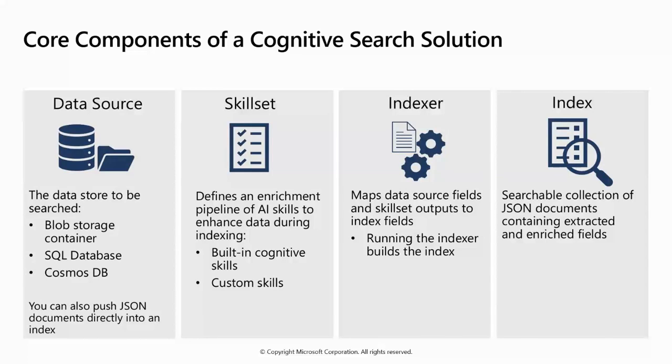The index is what can be used to search for things. It is made of a group of JSON documents with fields that hold values that were pulled out during the indexing. This index can be queried by a client application to get information, filter it, and sort it. Okay?